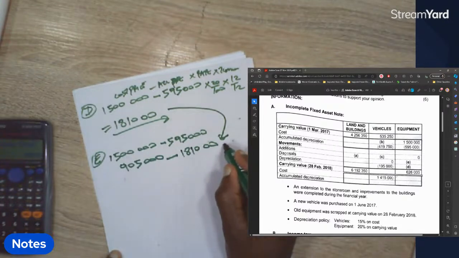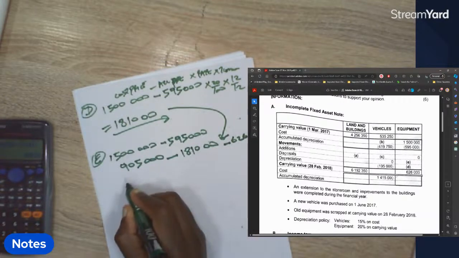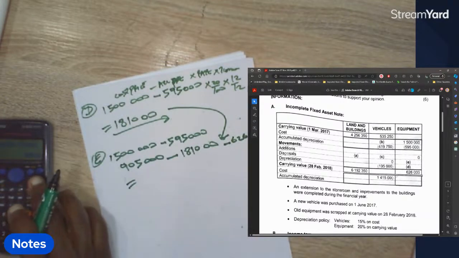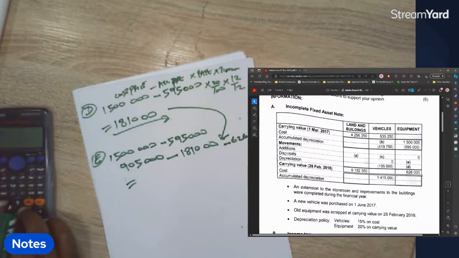And then less 626,000, right? Okay, let's calculate here now. Minus 181,000, minus 626,000.